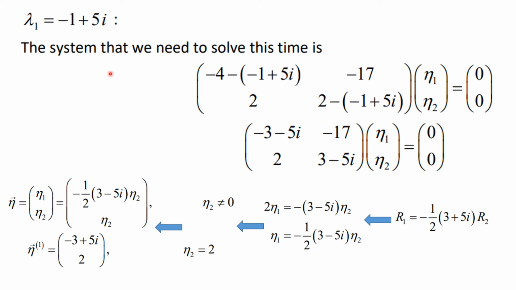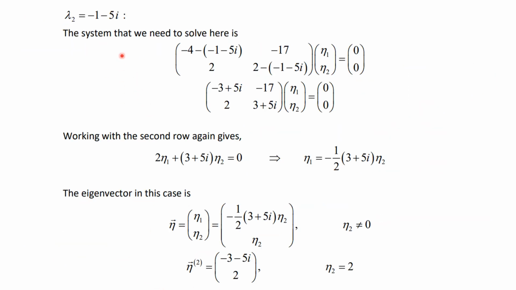And this is what we get for our eigenvector. So this eigenvalue is paired with this eigenvector. But we also had the complex conjugate. The calculation is going to be much the same. -4 minus lambda, 2 minus lambda. We do all of the calculations and work through this. This time we end up with this.